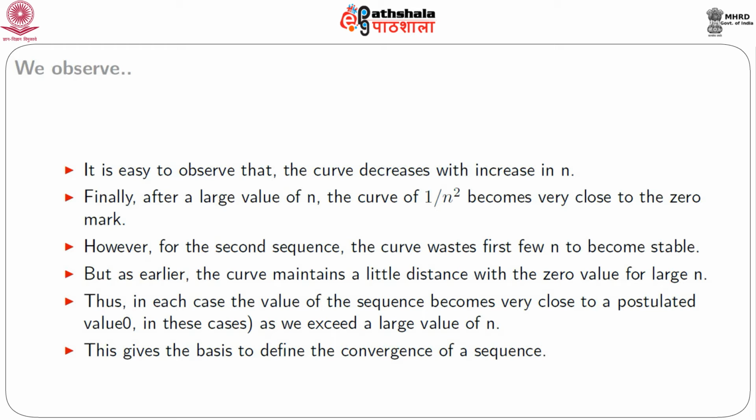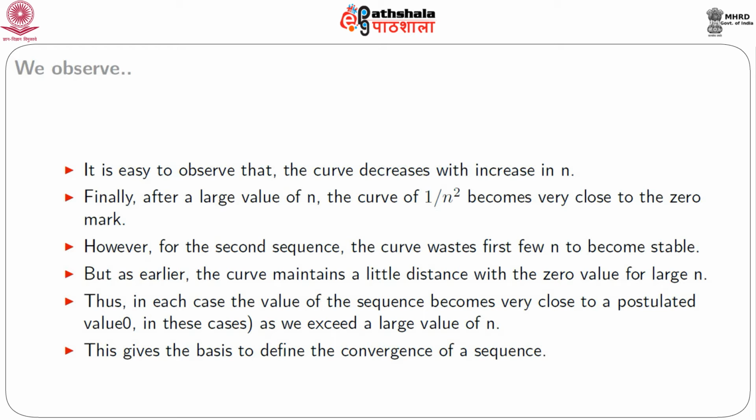Thus, in each case, the value of the sequence becomes very close to a postulated value 0. In fact, this 0 is postulated for the given examples. It might not be possible that for other sequences we get the postulated value as 0. So, in each case, the value of the sequence becomes very close to a postulated value as we exceed a large value of n.